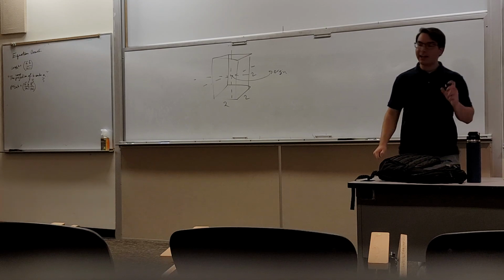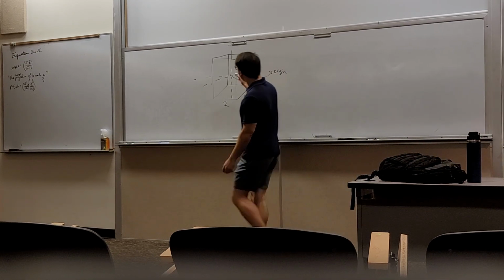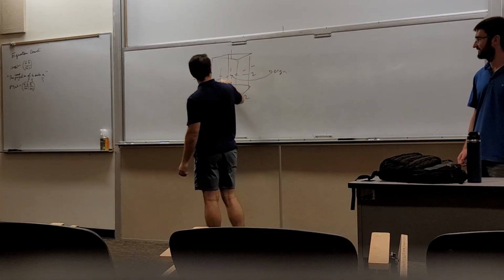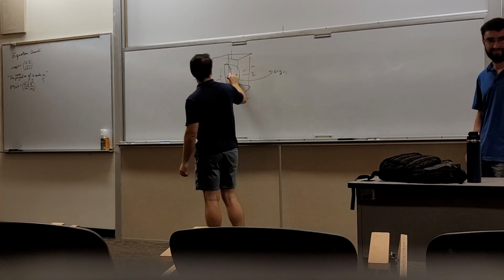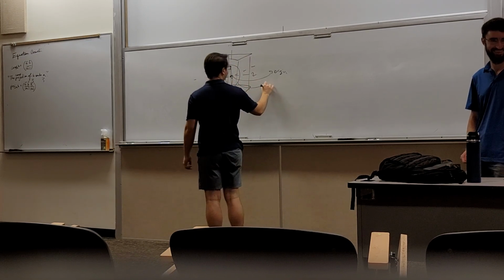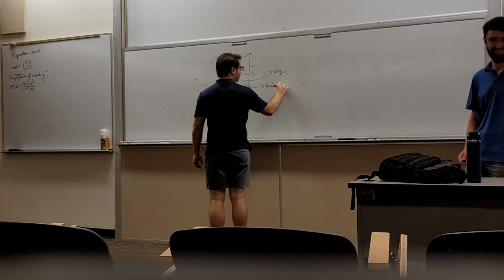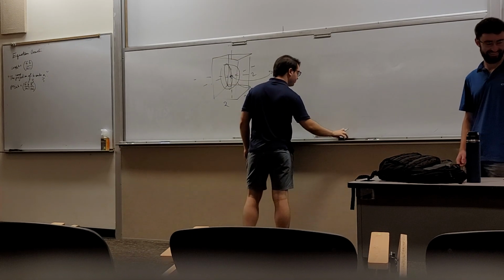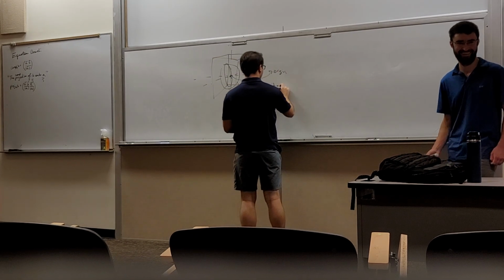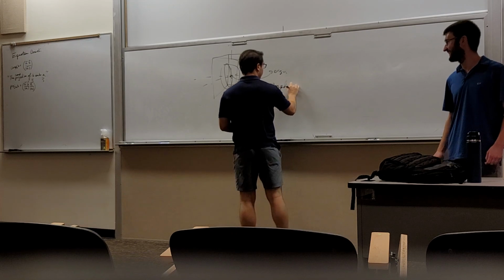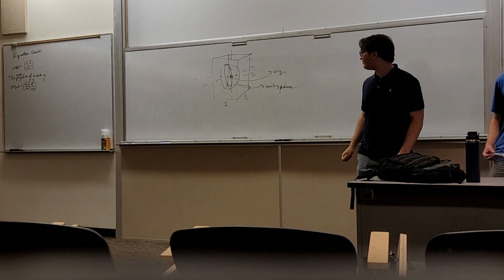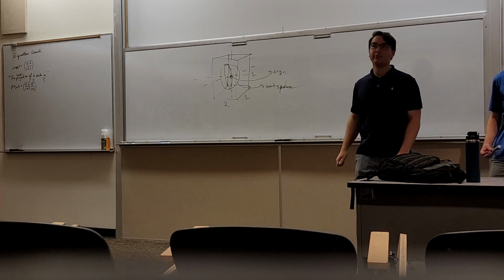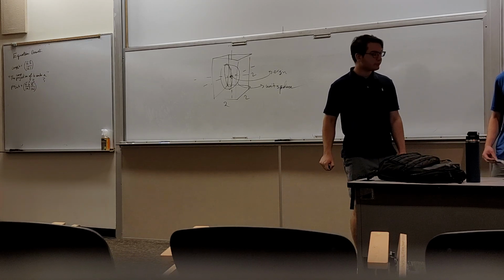And inside of this, there is going to be a unit sphere, centered at the origin. What is a unit sphere again? It's a sphere with radius 1.